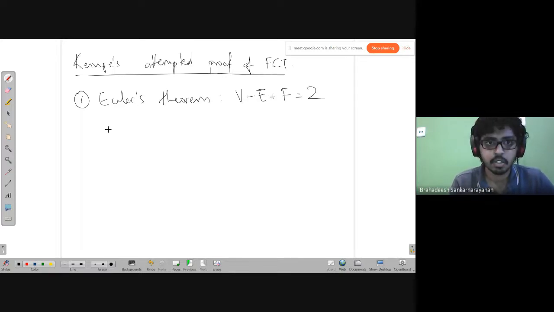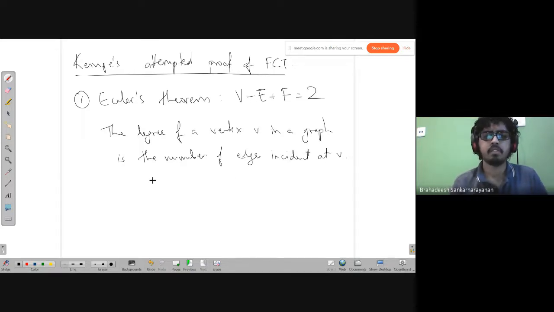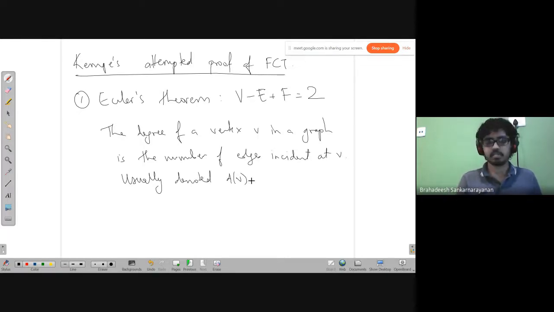So let me also define the degree of a vertex. The degree of a vertex V in a graph is the number of edges incident at V. We usually denote it D of V, degree of V. We just count, for a vertex V, how many edges are incident on that vertex.